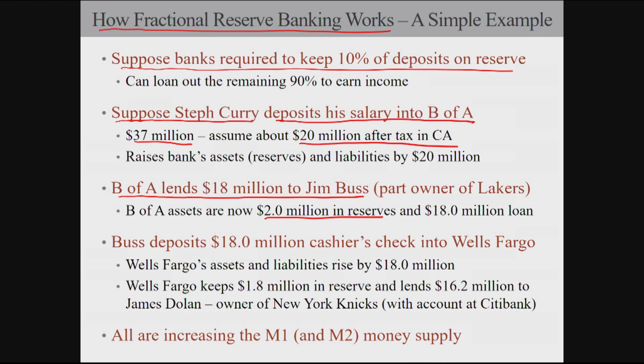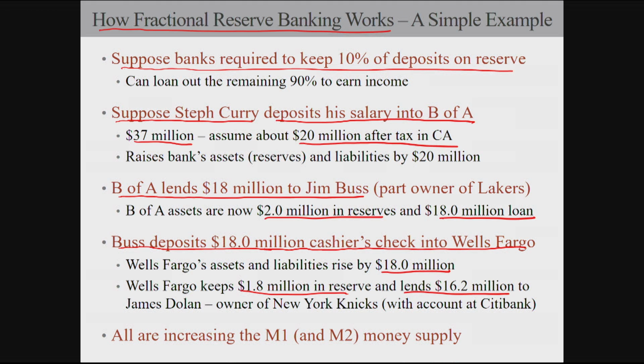So they can go loan that money out. Let's suppose they loan out this $18 million, and then this person who borrows deposits an $18 million cashier's check into his account at Wells Fargo, which raises their assets and liabilities by $18 million. They keep $1.8 million in reserve, and they lend another $16.2 million out to someone else.